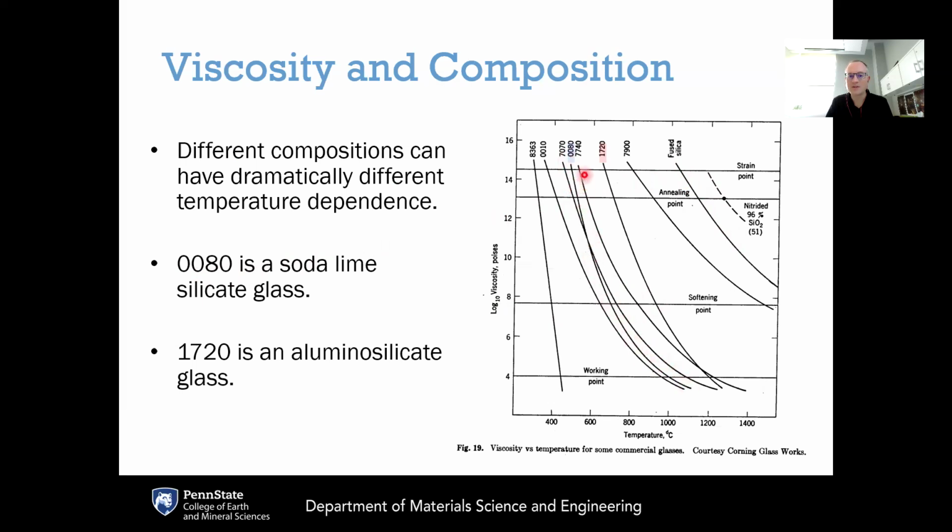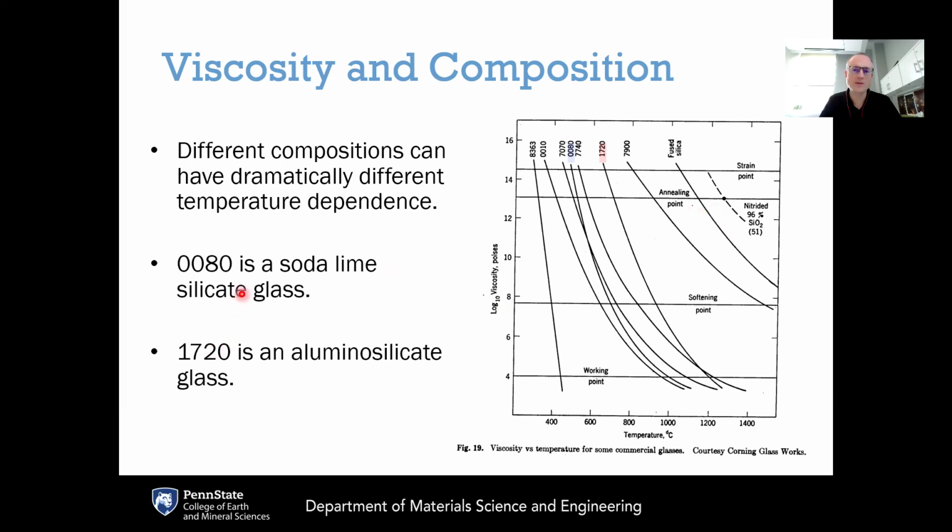You see that this viscosity curve is dramatically lower than the fused silica viscosity curve. And that's because of the incorporation of network modifiers like sodium oxide and calcium oxide. They convert bridging oxygens in the fused silica to non-bridging oxygens. That lower connectivity of the glass network is what lowers the viscosity.